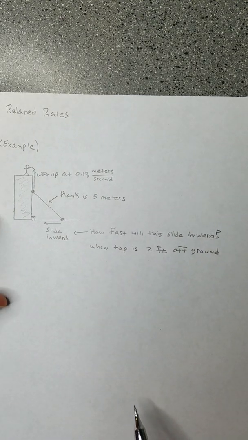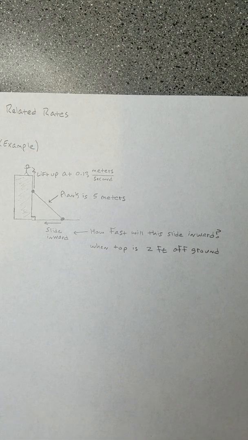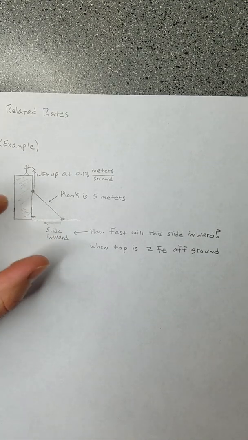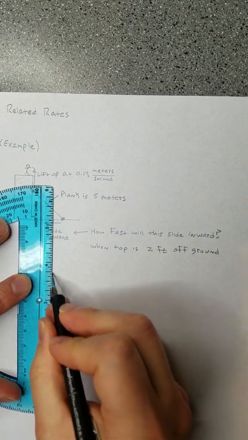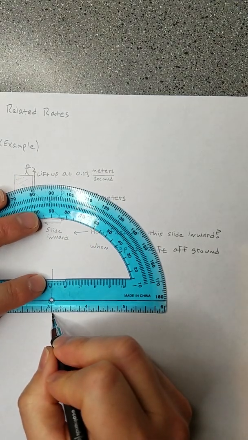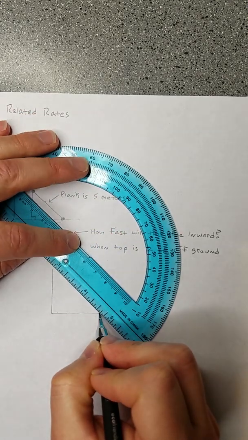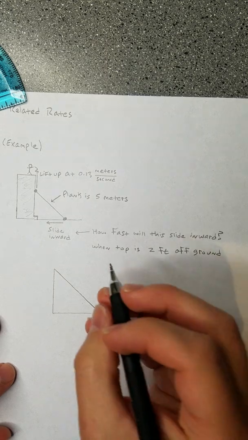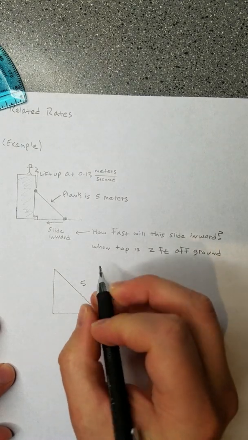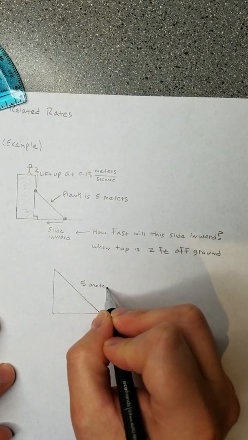And let's talk about how you'd answer it. Okay, so first thing I would do is try to extract the simplest picture from the situation that you can. And so I'll see that all that we really have here is a triangle. Okay. You know, the plank itself is right there, and that's 5 meters. Okay.